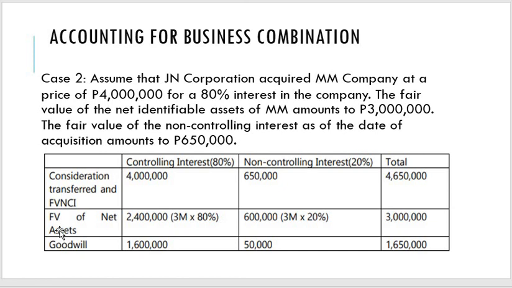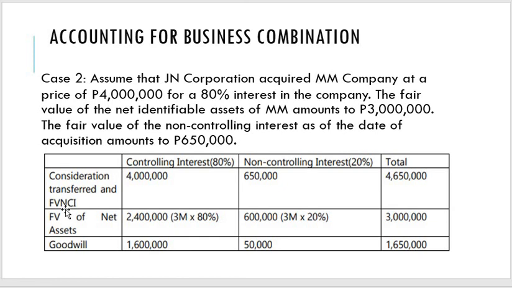Okay, so the fair value of the net identifiable assets of Company amounts to 3 million. Same illustration as earlier, it's just that here, the fair value of the non-controlling interest as of the date of acquisition amounts to 650,000.